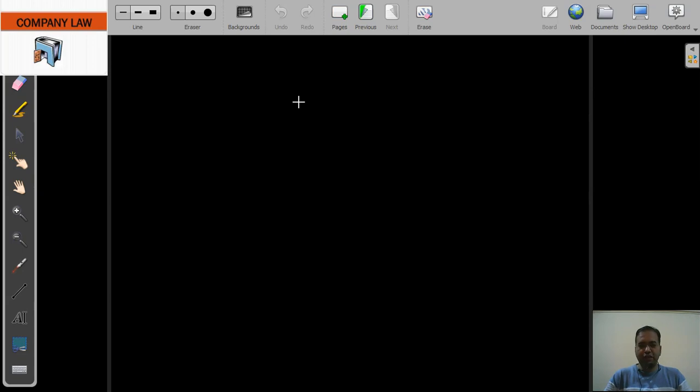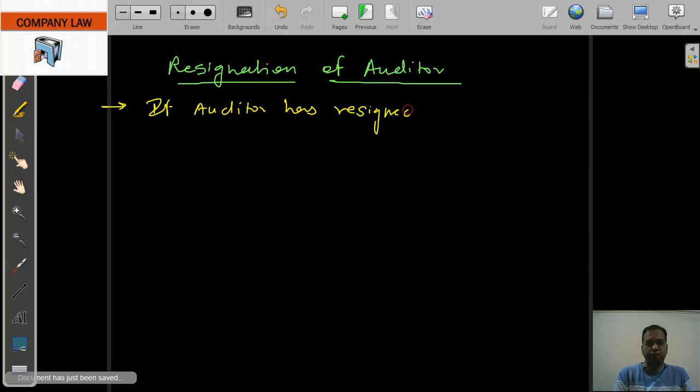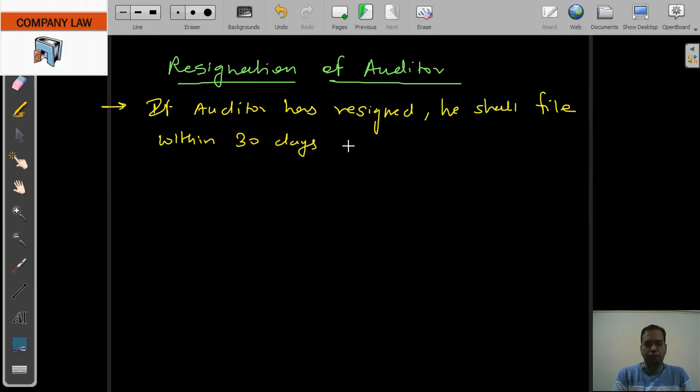In case of resignation, if the auditor has resigned from the company, he shall file within a period of 30 days a statement in form ADT 3 with the company and the ROC.